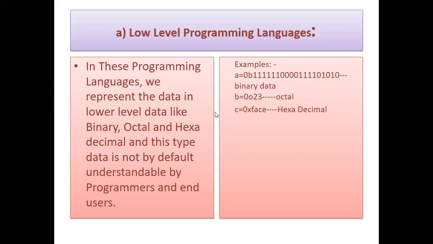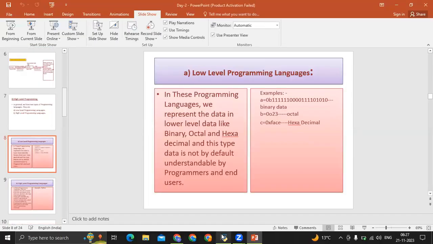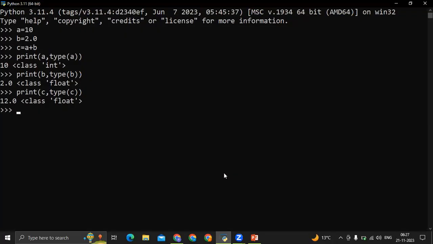Let me show you with an example. A is equal to 0B 111 000 111.